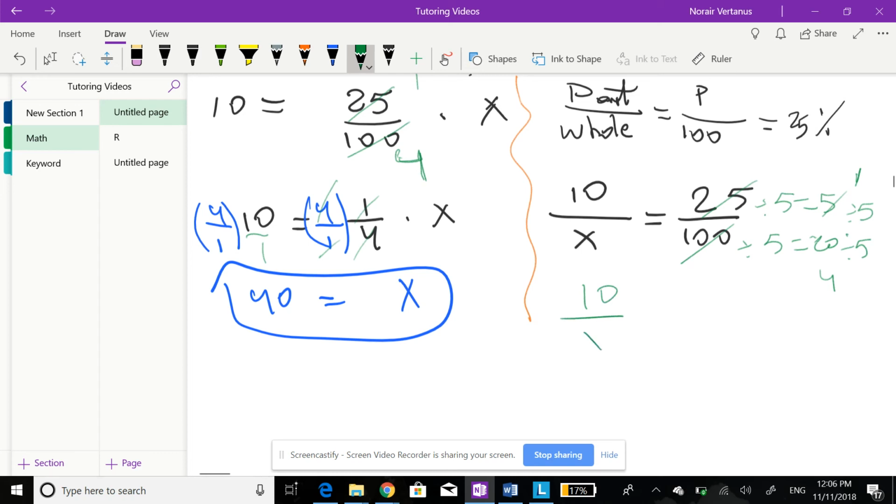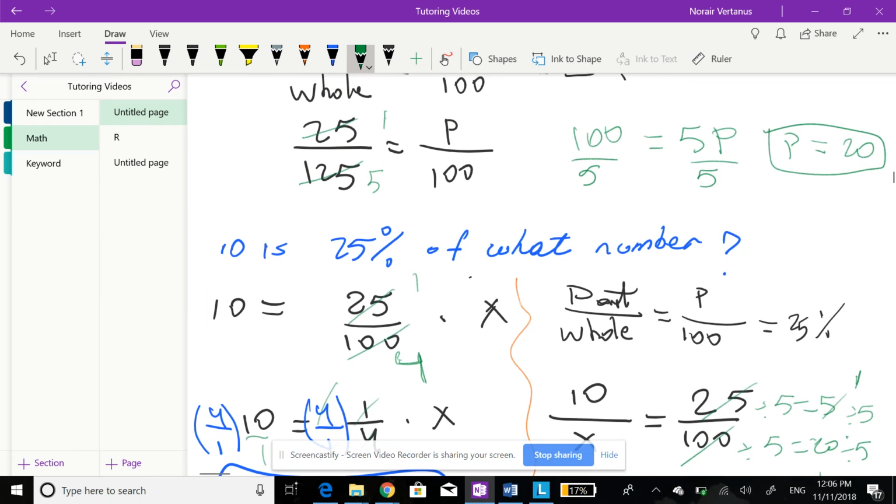So 10 over x equals 1 over 4. Cross multiply it. X equals 10 times 4, 40. So we're done. 10 is 25% of what number? It's 40. See, 10 over 40 is equal to 25 over 100. Yes, we're done.